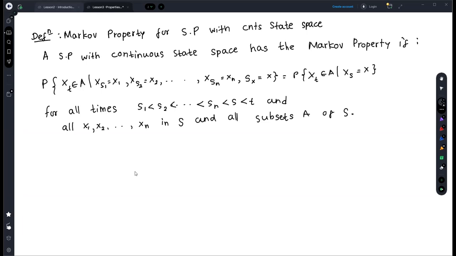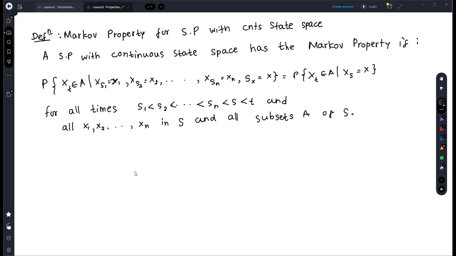Okay, so look at this expression. What is it saying? So you have Xt, a stochastic process. So this s1 is a time, okay? Remember, suppose you have s1 as a time value. The value is X(s1).